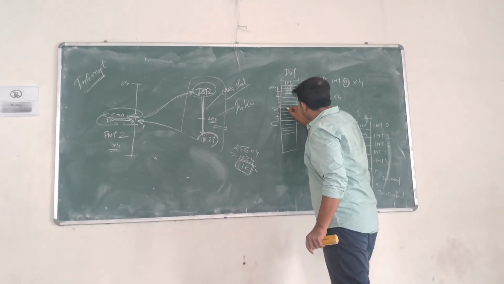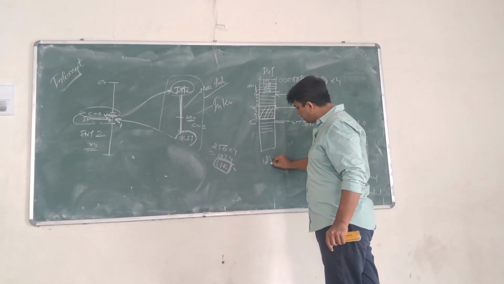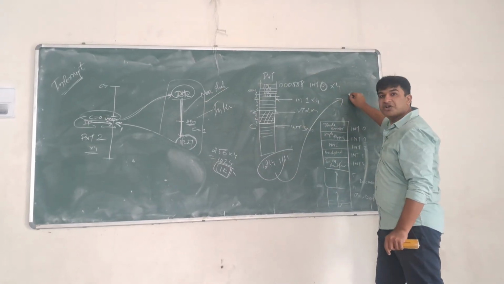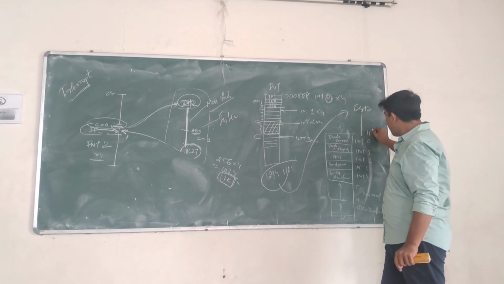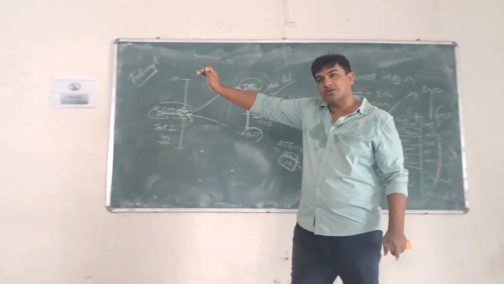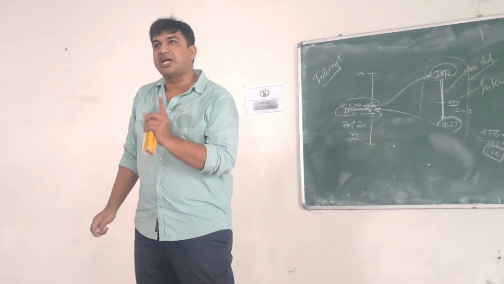Find these 4 locations. Whatever number is stored there, suppose 1, 2, 3, 4, 1, 1, 1, 1, go to that location. Here your ISR is stored. Execute this ISR, then IRET: go to your stack, pop the 6 values, and come back to your original code. This is what your microprocessor does every time.